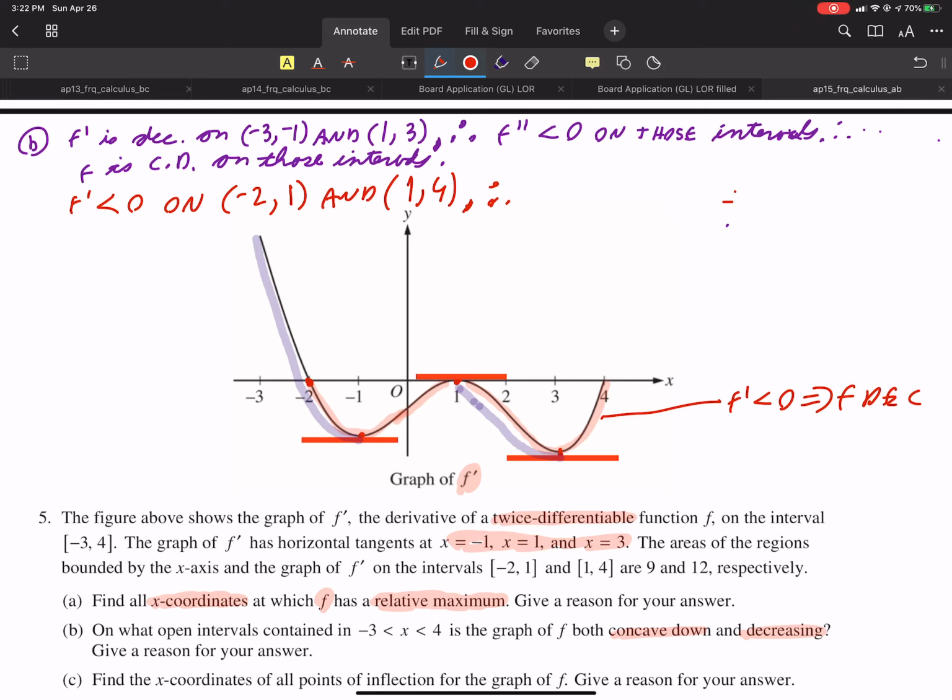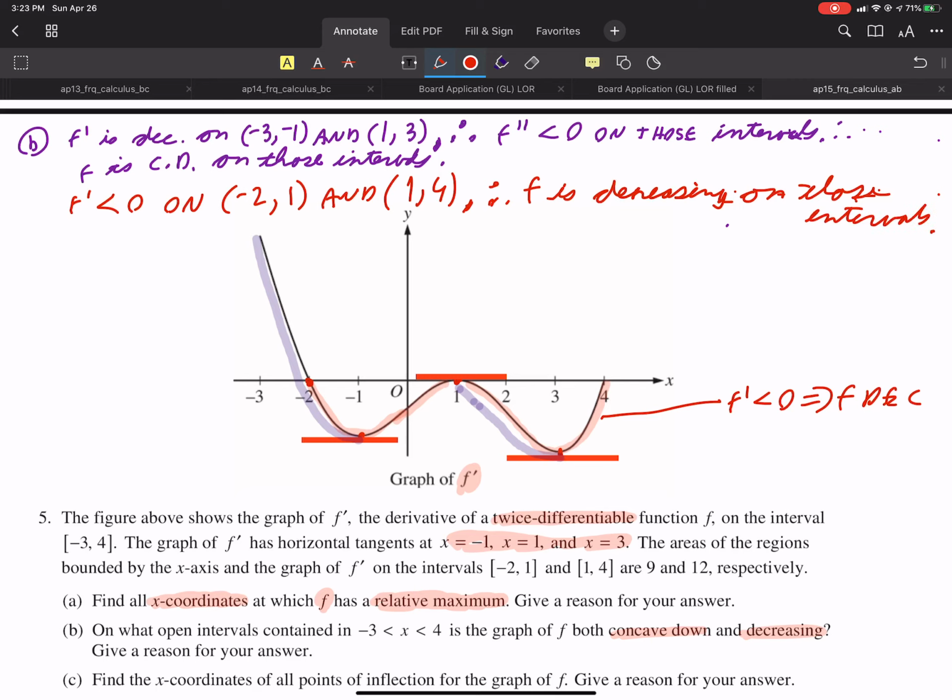Therefore, f is decreasing. Yikesies. Whoa! Did you see that? That's weird. F is decreasing on those intervals.